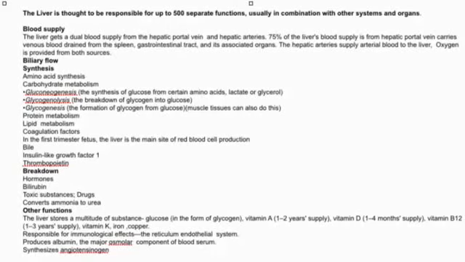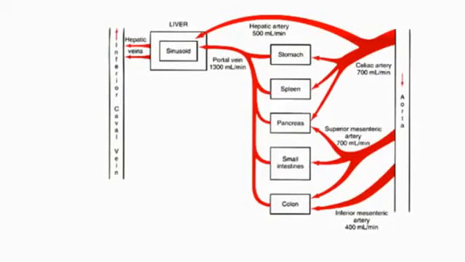So we start with the blood supply. Actually, the liver has a blood supply from two systems: from the hepatic portal vein and from the hepatic arteries.